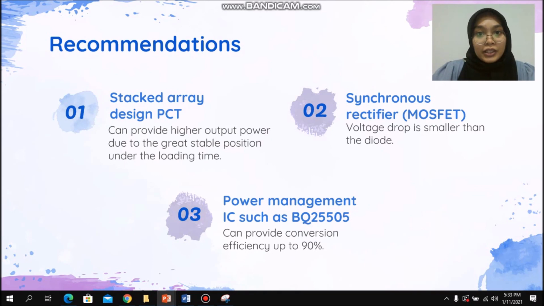The last recommendation is a power management IC such as the BQ25505. It can replace the boost converter, because this IC can provide conversion efficiency up to 90%. So that's all from me.